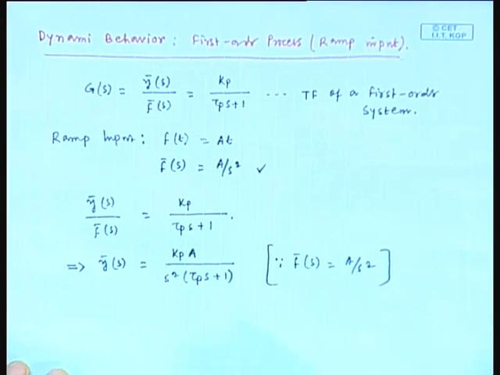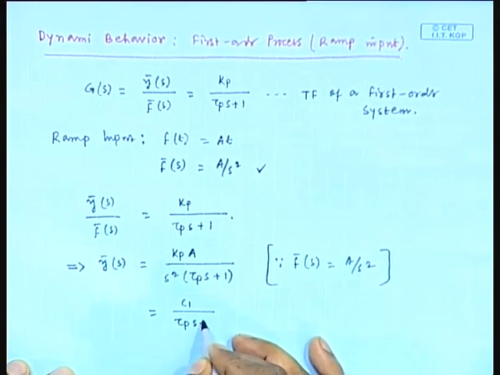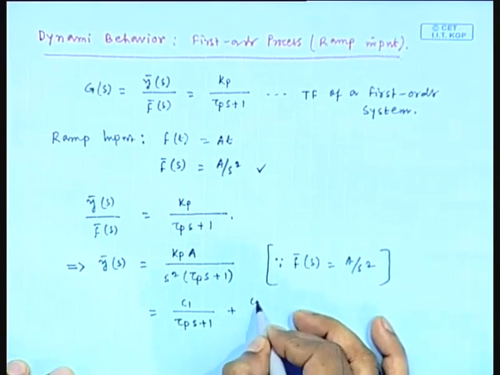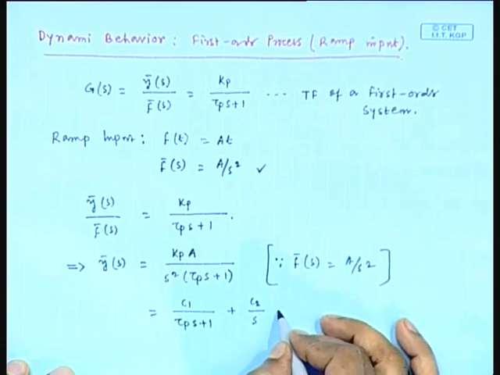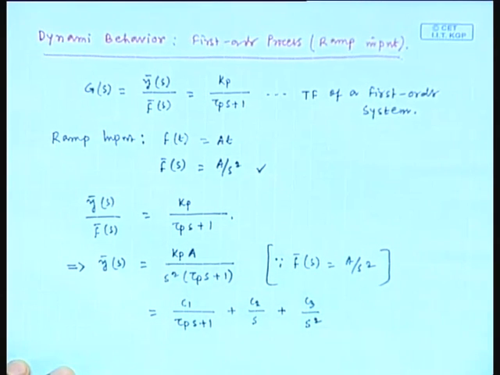Fine. Now, we will write this form in this way: C1 divided by tau p s plus 1, plus C2 divided by s, plus C3 divided by s square.